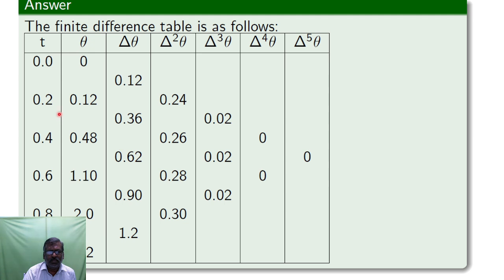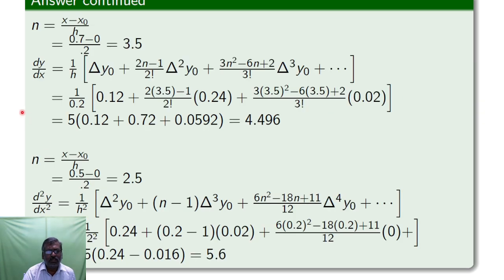Second term difference means second term minus first term, third term minus second term, fourth minus third, fifth minus fourth, like that we fix the table. After fixing this table, you have to write the same velocity formula. And again apply it for acceleration.